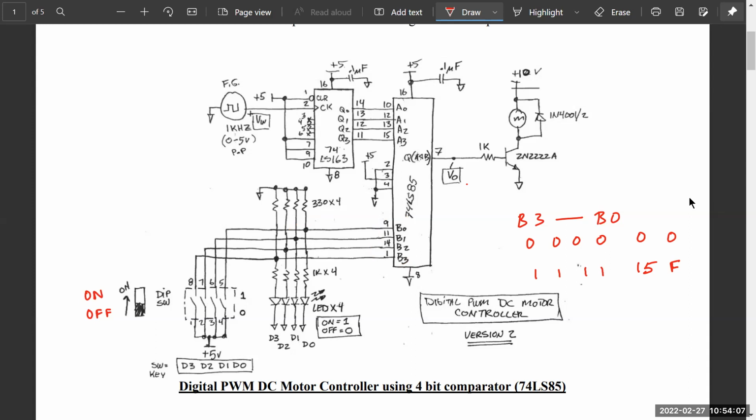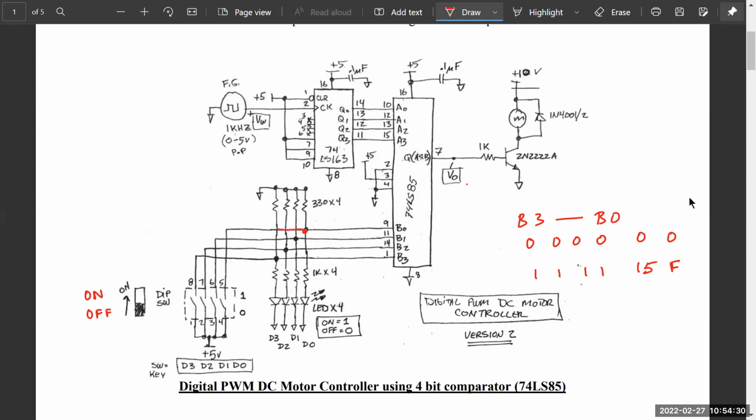If the switch is off, then the digital pins B3 to B0 are 0. And if the switch is on, then it gets connected to plus 5 volts and you have a 1 going in there.